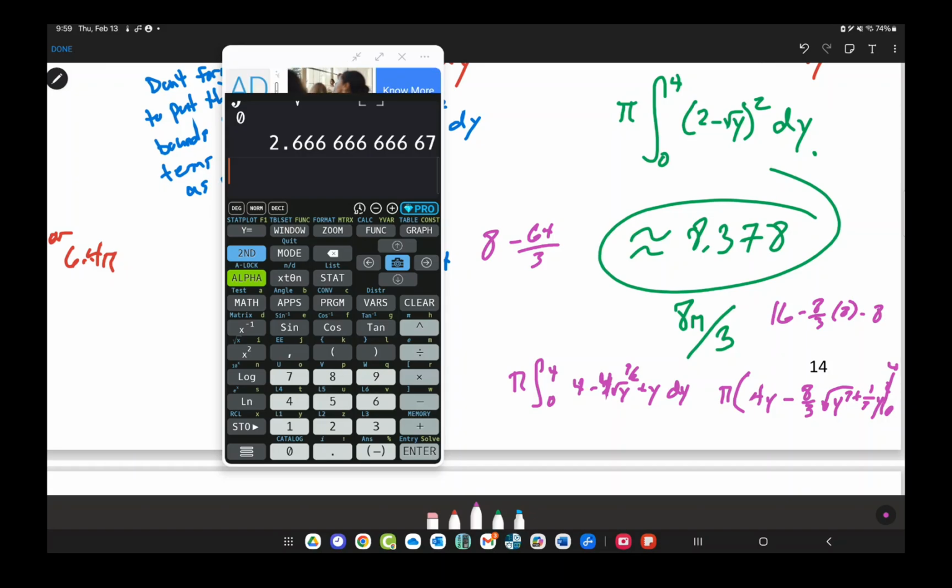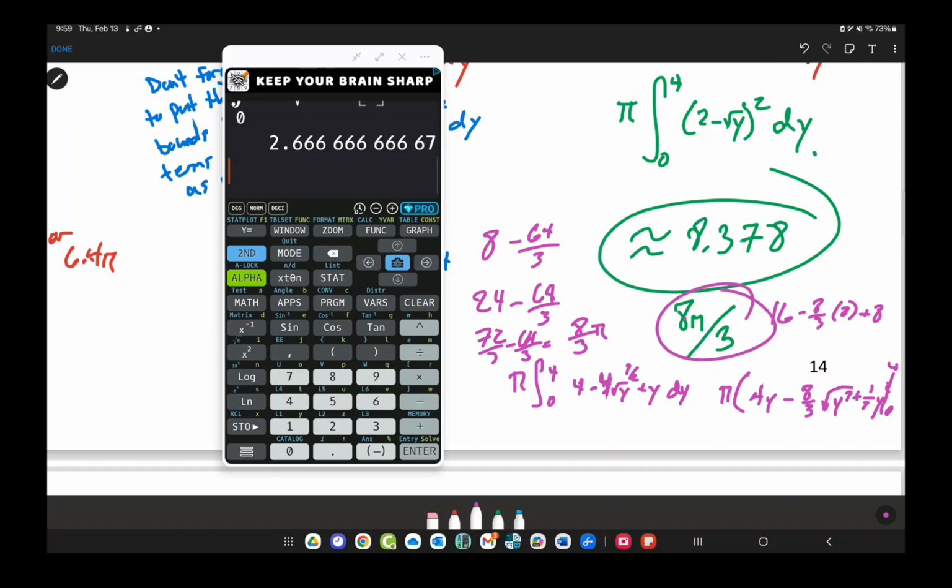So it should be 16 minus 64 over 3 plus 8. Plus 8, I got minus 8. So that should be 24 minus 64 over 3. Times 3, 72 over 3 minus 64 over 3, which is 8 over 3, which is what we had.